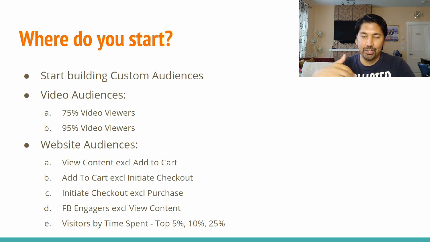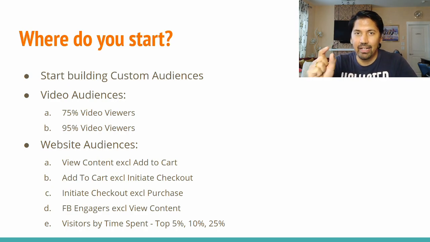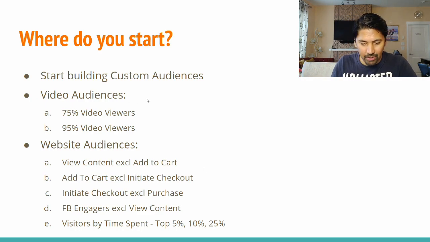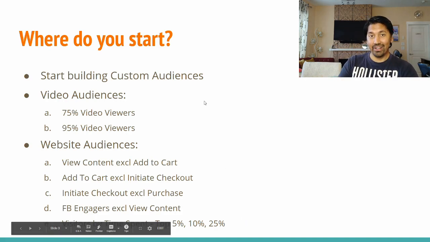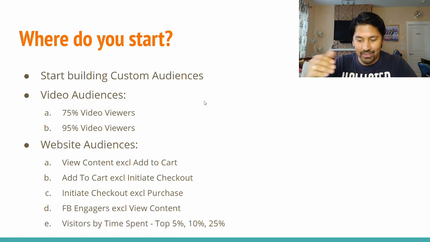Only later on, once you have more mature campaigns, you're driving thousands of visitors to your store every day, you can segment them into more recent windows and say last 5 days visitors or last 2-day visitors and things like that. So these are some of the common custom audiences that you can create and retarget them for your campaign.